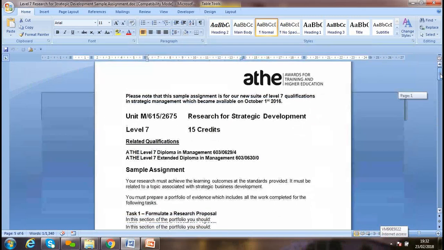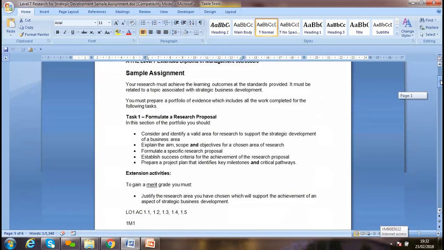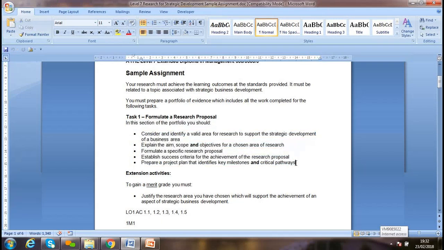Like the task 1 assignment is to formulate a research proposal. So task 1 you can achieve just by preparing or making a research proposal. I'll give you a few proposals to look around and how you can design or set research objectives and things as well, which I'll go through with you.